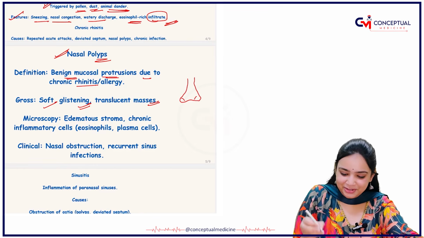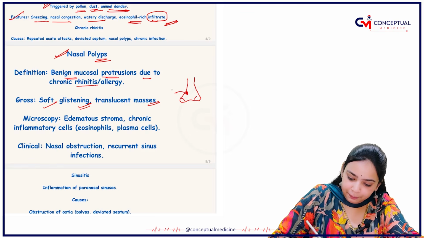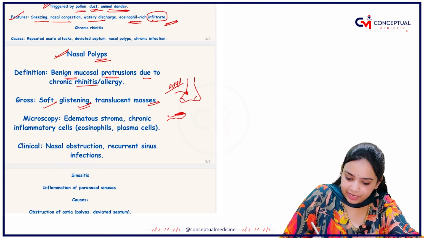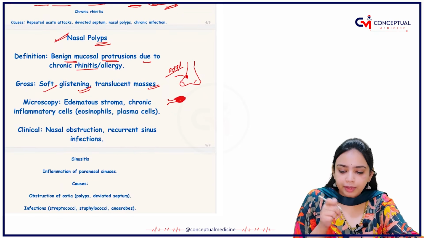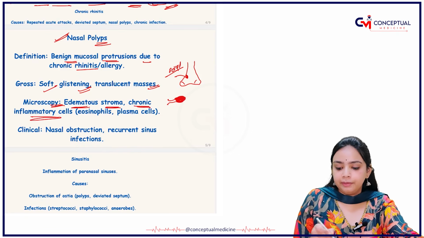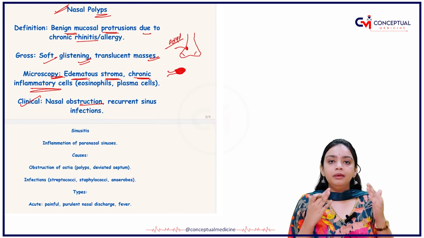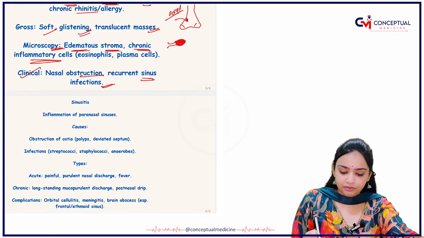Let's suppose these are your nostrils. So inside your nostrils, somewhere here, you will have a polyp. It will be like a protrusion like this. It will be very red, shiny in color, and globular. In microscopy, you will see edematous stroma and chronic inflammatory cells. There will be nasal obstruction, because if there is a polyp, how will the person be able to breathe, right? There will be recurrent sinus infection.